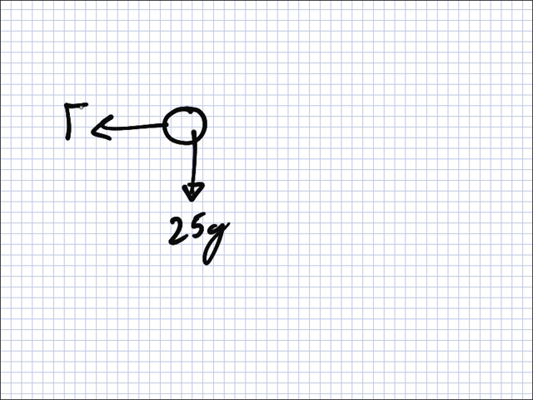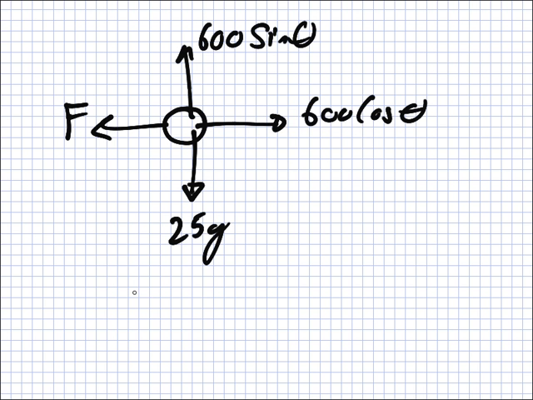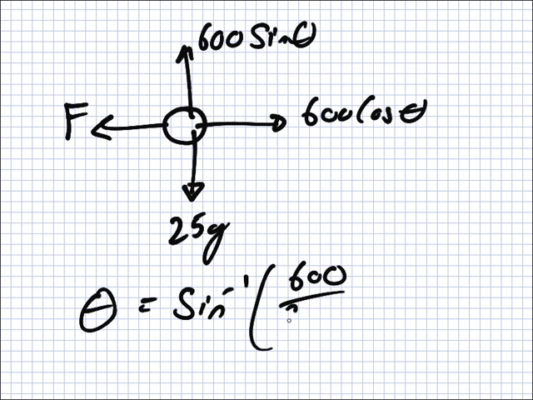Good. Right, question 3. You've got this diagram, and this is 25g. This is F. This is 600 cos theta, and this is 600 sine theta. So by saying up equals down, you can end up getting theta equals sine inverse of 600 over 25g. Is it 24.126?